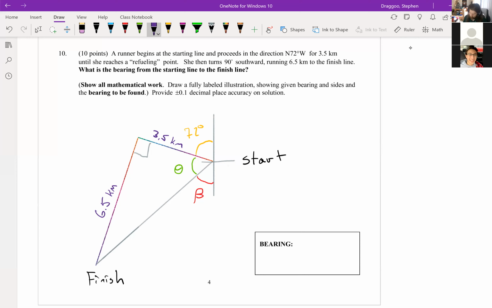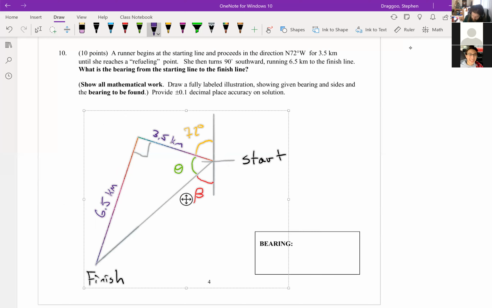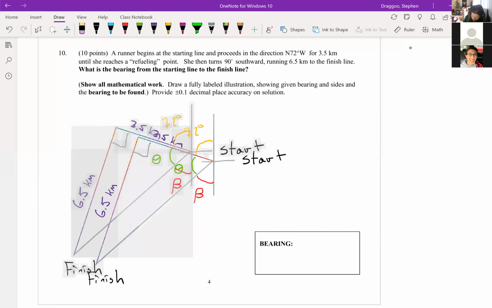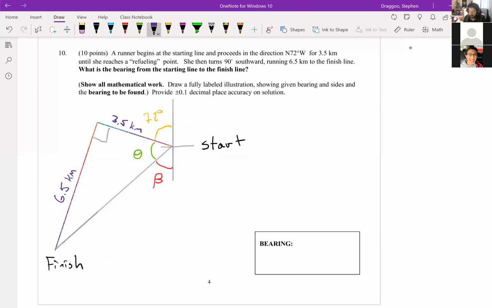So, putting all that together, we should first notice that if we add up the three angles listed in the diagram, we should get up to 180 degrees since they'll add up to be a straight line.